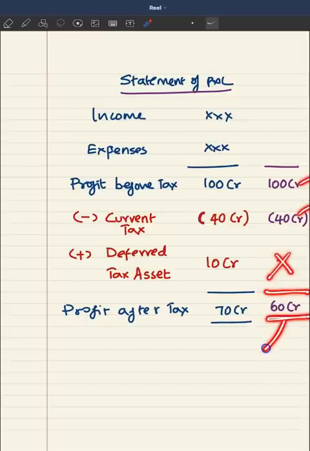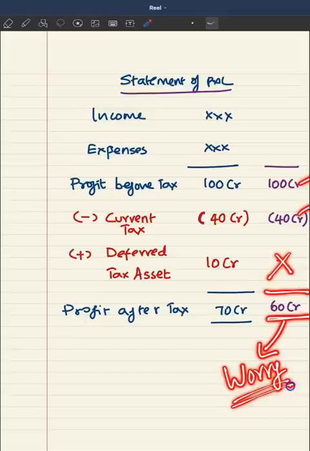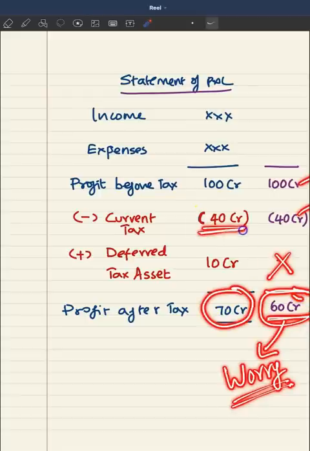Now this will send a signal of worry to the readers, because when they look at the profit after tax, it is very low. But actually their profit after tax should be 70 crore. It has become 60 crore because of some additional tax paid in the current year to the extent of 10 crore, which can be adjusted in the future.